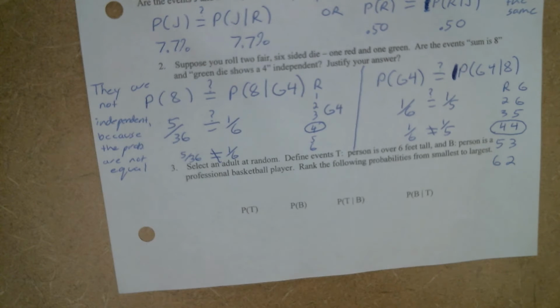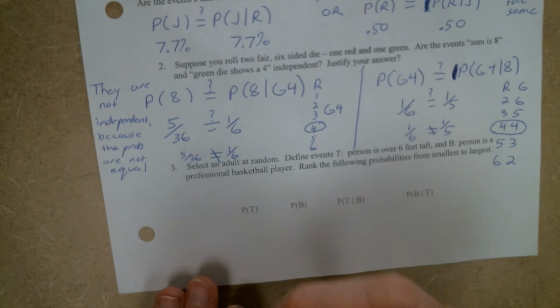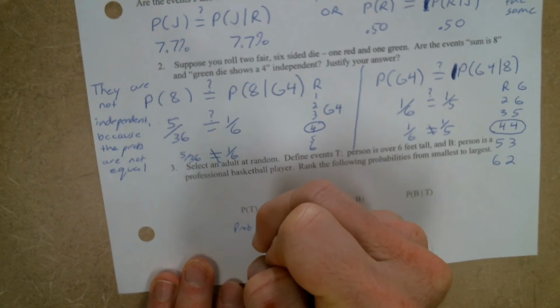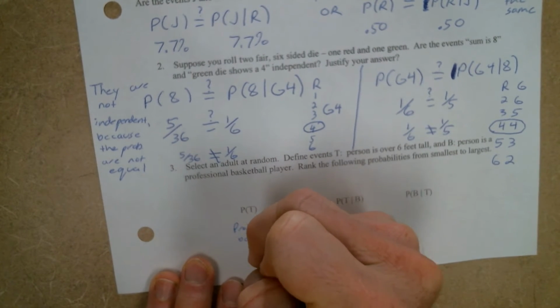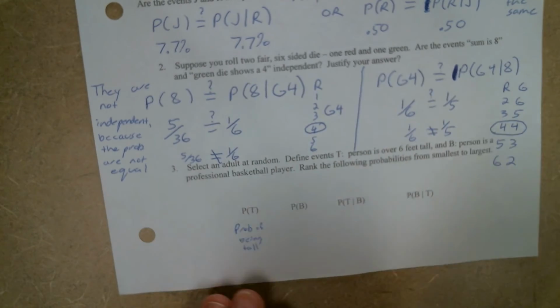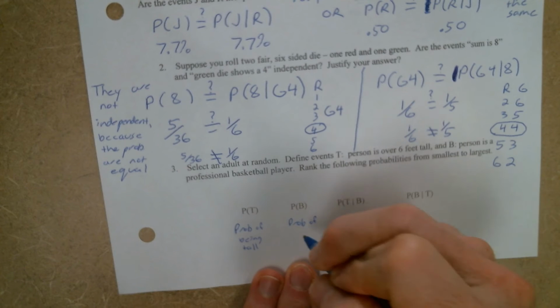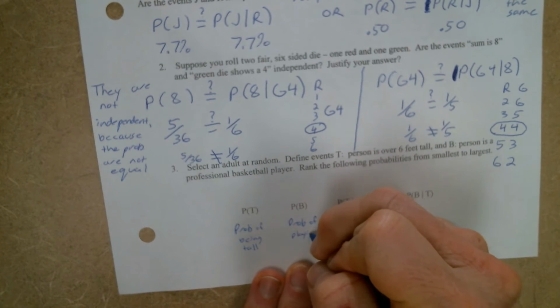It says select an adult at random and then define the events. T, the person is over 6 feet tall, and B, the person is a professional basketball player. Rank the following probabilities from smallest to largest. So this is just the probability of being tall. This is the probability of playing basketball.